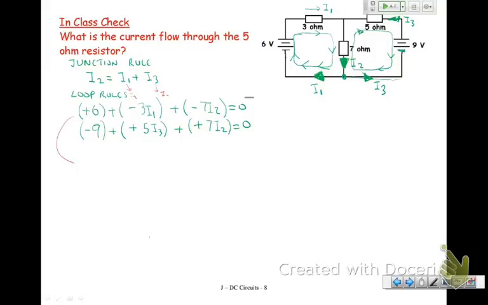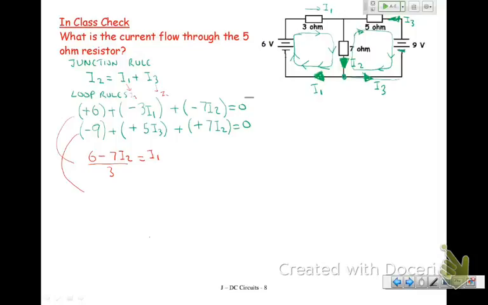So I turn around here and I go 6 minus 7I2 over 3 is equal to I1. I left my 6 alone. I left my 7I2 alone. I took my 3I1 to the other side, and I divided by the 3. Now look at this one.